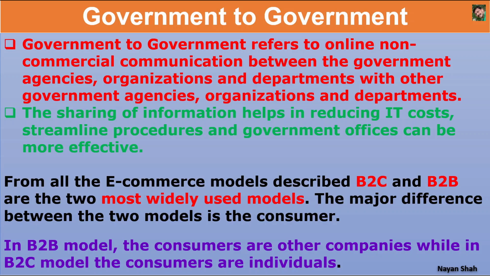So data of one government office will be shared by another government office, so that they don't need to gather the same data again and again, and things will be smooth. For example, you must know our PAN card number is shared by the IT department, banks and other places also, so that the work is streamlined.